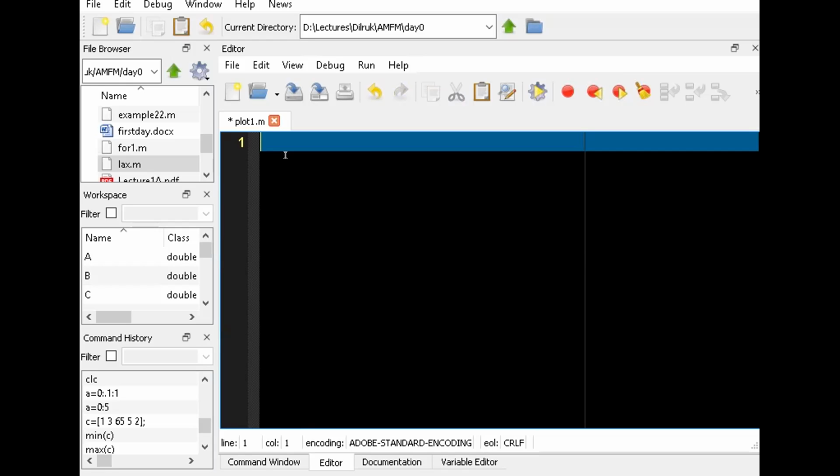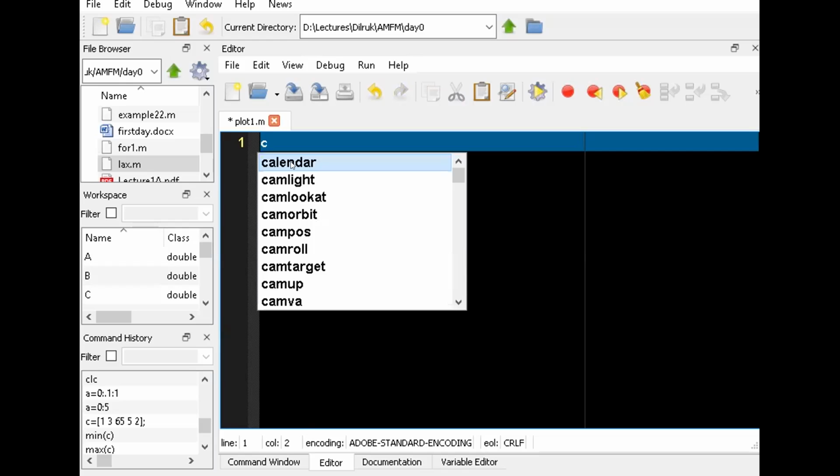Let's revise this and use our knowledge of Octave to do this problem. When you start a program, all the time you clear the memory, clear all variables. How do you do that?